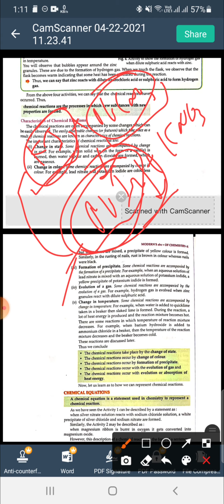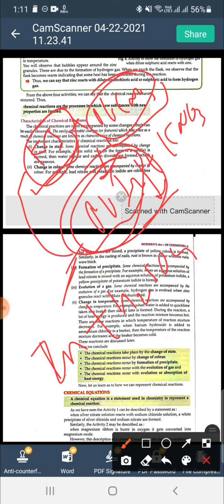Next point is evolution of gas. Let us take an example. Some reactions are accompanied by evolution of gas. For example, zinc plus H2SO4.